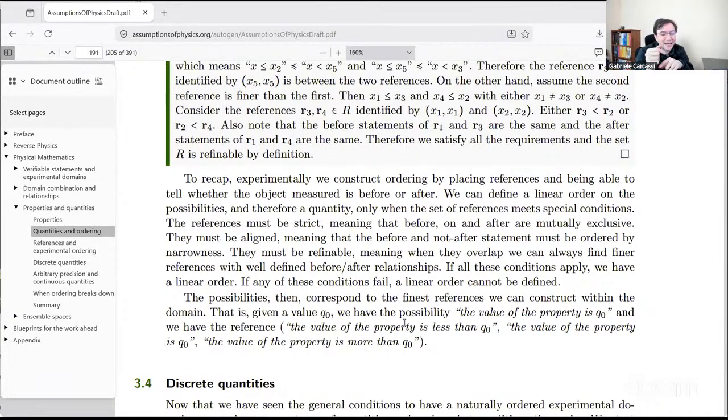So, in a sense, if you can define rationals, and you can, the way that you measure a rational would be completely different.